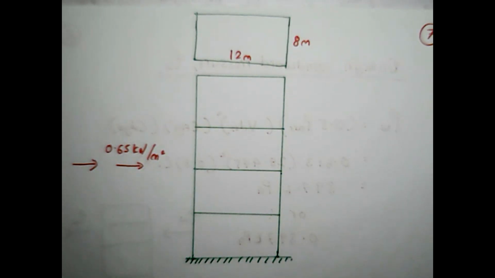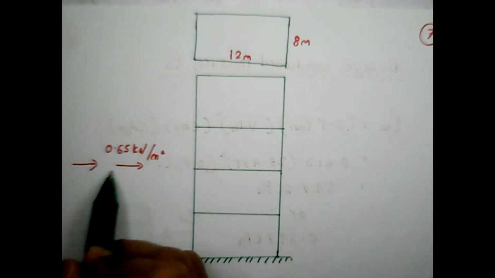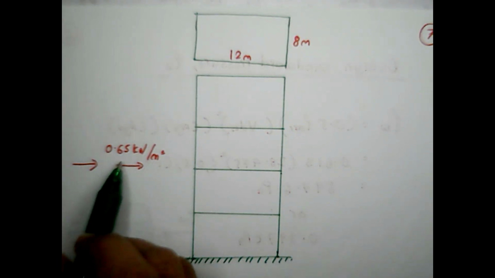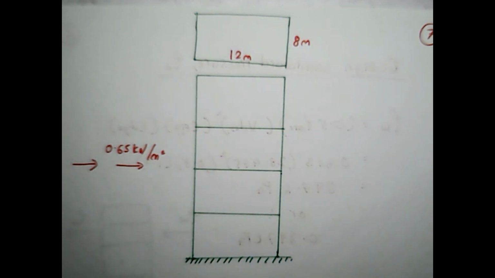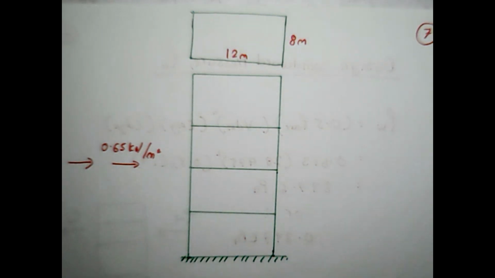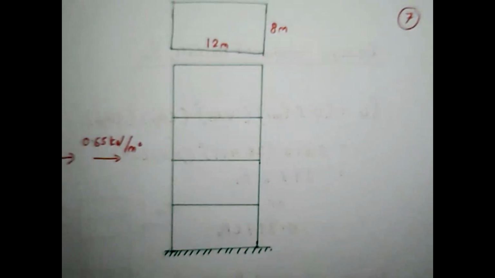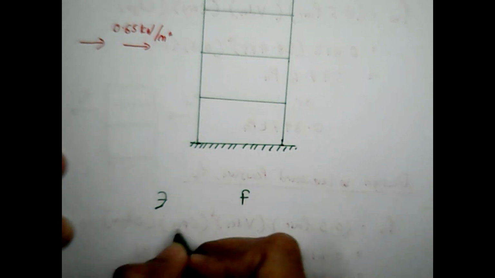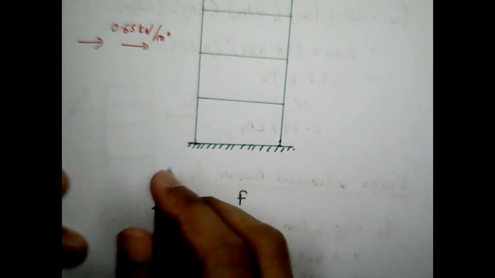We now know that the wind pressure that we have found just now is 0.65 kilonewton per meter squared. So we now look at the forces on the building, so we have to have the Z and F.